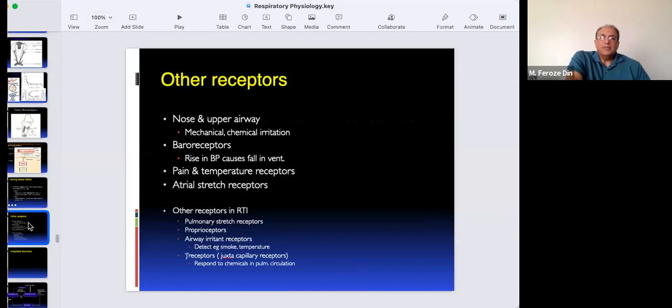There are other receptors which affect respiration. We have already mentioned pain and temperature, and we have also mentioned the proprioceptors, but there are mechanical and chemical irritation receptors in the nose and the upper airway that, for example, make us sneeze. Sneezing involves a sudden, strong expiration, and this is usually from irritation in the upper airway and helps to expel usually physical irritants from the upper airway.